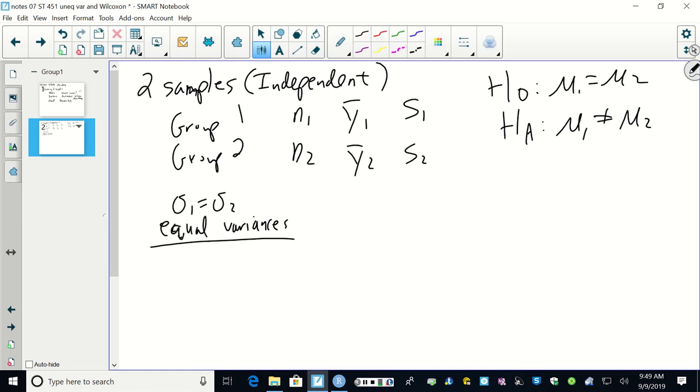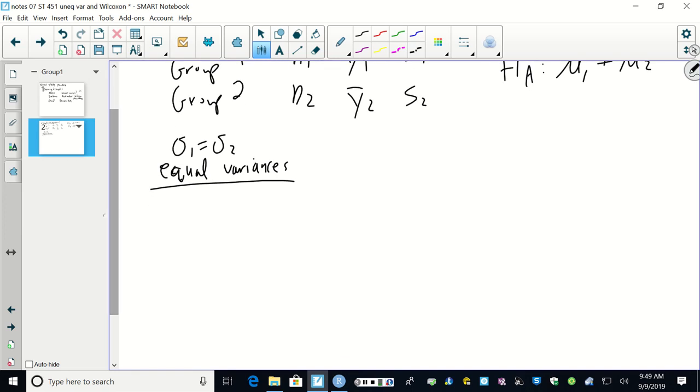S1 and S2 will never be exactly the same, but if they're within 50% of each other, if one's double the other one but not quite, you can basically proceed as if they're equal, and it won't affect the quality of the procedure that much. But if one's 4 times as big as the other one, or 5 times as big, it starts to get a little bit implausible, and it will ultimately impact the procedure, right, in terms of error rates and things like that. But if it is equal, we calculate a pooled version.